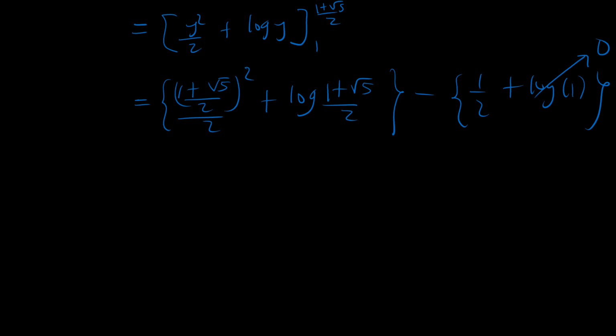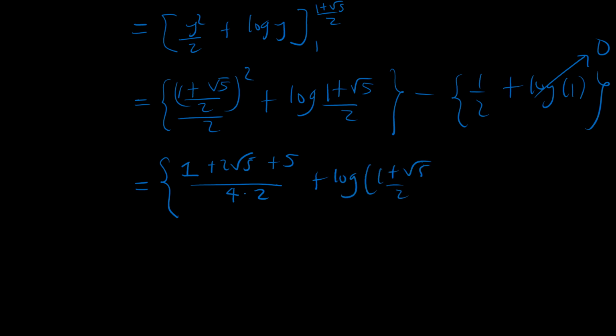Okay, so here what we have is 1 plus 2 root 5 plus 5 all over 4, over 2, plus natural log of 1 plus root 5 over 2, minus a half.